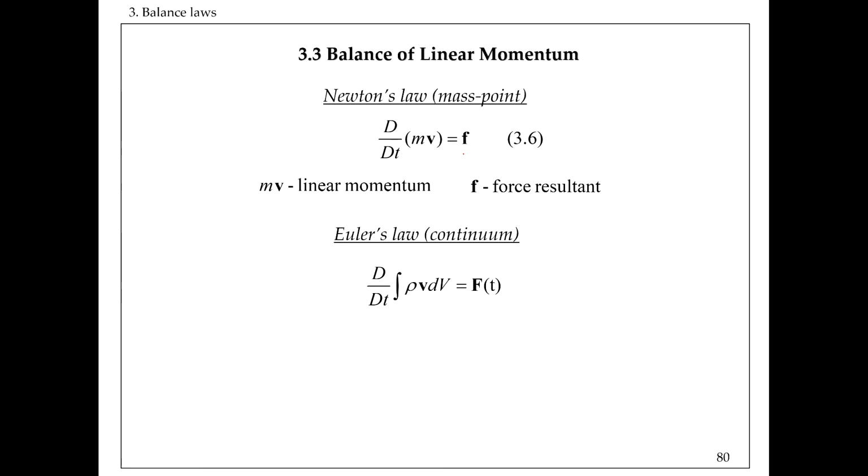Basically, we're still looking into the change, d/dt, of some measure similar to what we have here. This is our linear momentum, and we have it at each point. So when we integrate rho v, we take the density of some small element around a point and multiply it by the value of the velocity at that point.